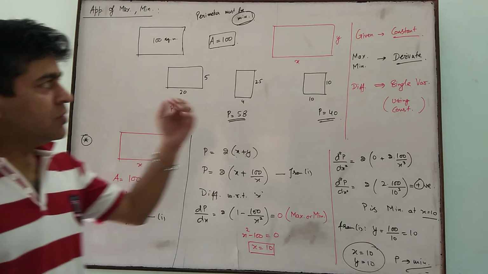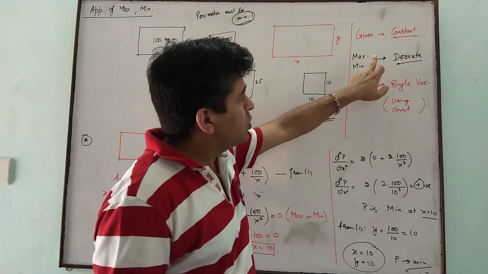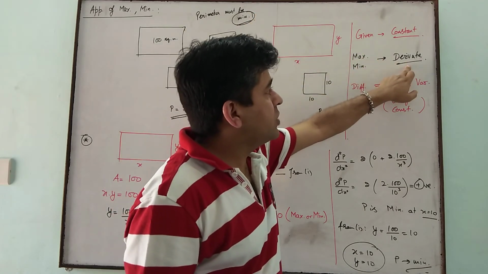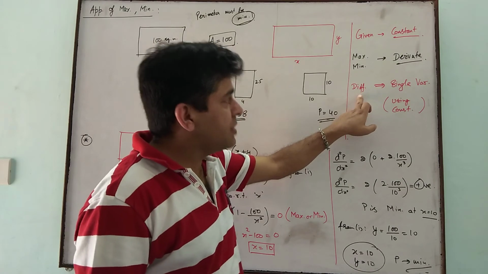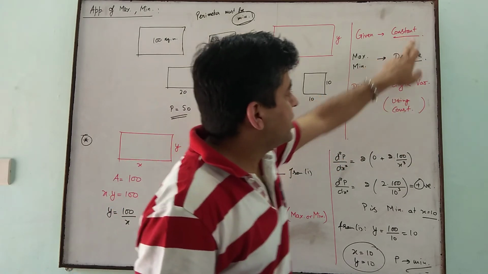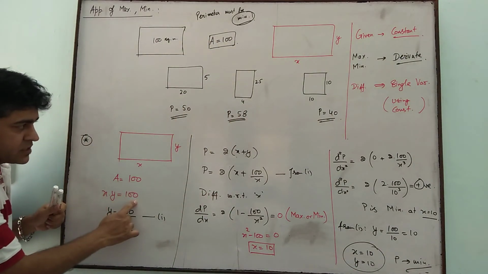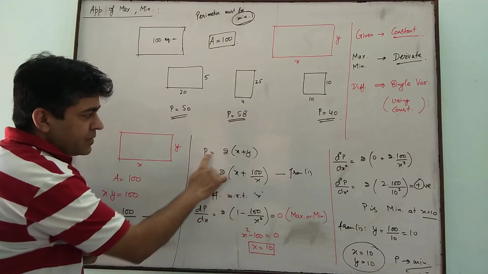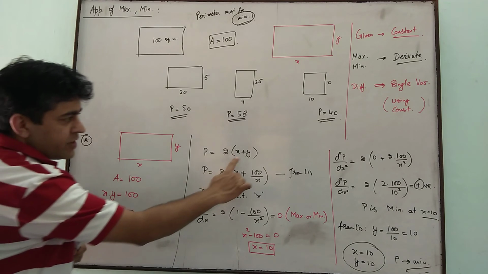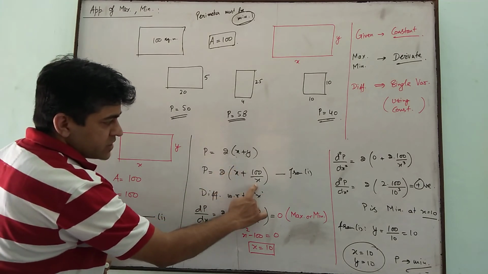So I told you, whatsoever is given, you consider constant. Whatsoever you need to take maximum or minimum, like here the perimeter, that thing you have to differentiate, and the thing to differentiate must be in a single variable. If not, then convert it into a single variable. So area given was 100, that is length into breadth 100. Perimeter must be minimum, and perimeter is in two variables. We converted it into a single variable by using this constant.